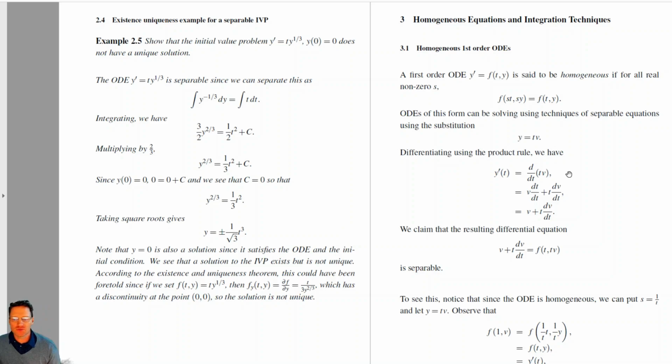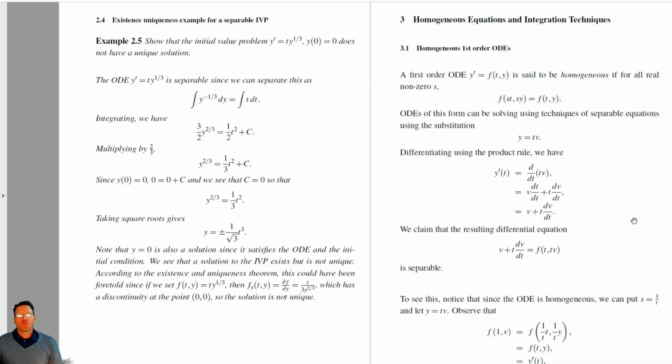Using the product rule, we separate that as a sum of v times dt on dt, the first one in that product, and then we swap that around and add t times dv on dt. Simplifying, dt on dt is just 1, so we have v plus t times dv on dt, or v plus t times v dash of t.